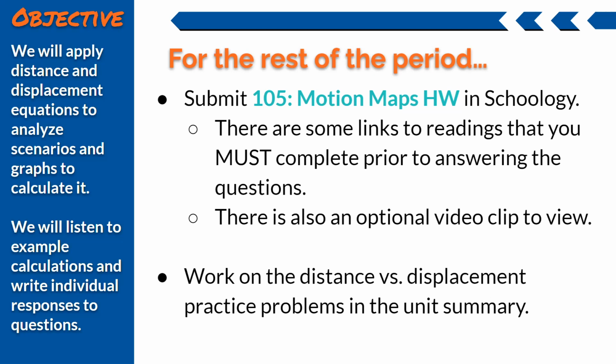So you would do that, and I would be able to replace your lowest failing daily grade up to a 70 because it's a redo. In the past, we have also typically counted the unit summary as bonus points for the test. I'm going to check and see if we're still doing that, but it's not posted in Schoology yet. So you actually can't do that yet, but you can do this.